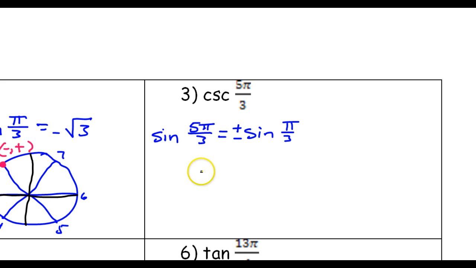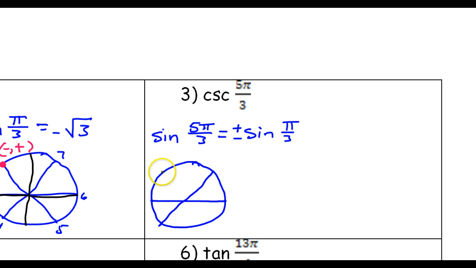We can figure that out by drawing a quick unit circle. Alright, since we're dealing with pi over 3, let's divide this upper half, this pi, into thirds. Okay, so 5 pi over 3. This is 1 pi over 3, 2 pi over 3, 3 pi over 3, 4 pi over 3, and 5 pi over 3. So this is 5 pi over 3.